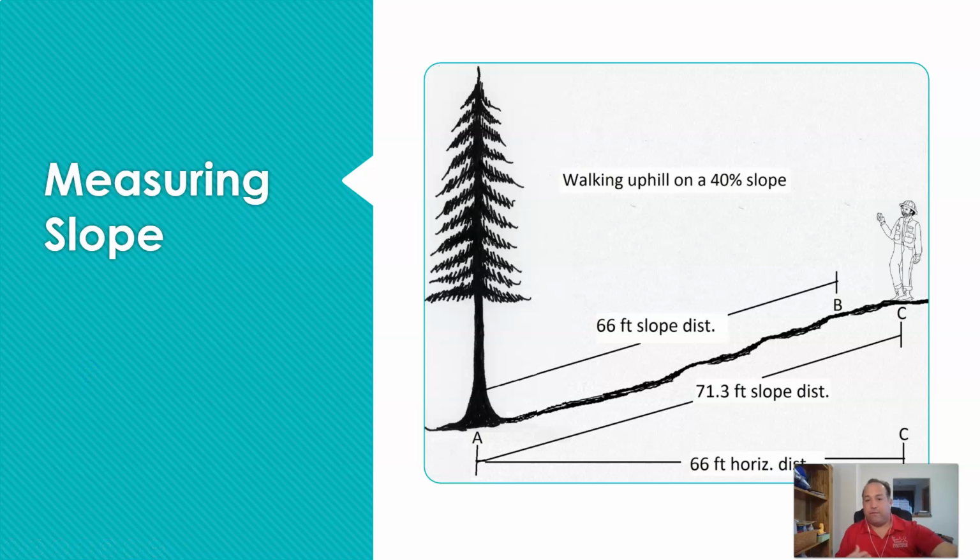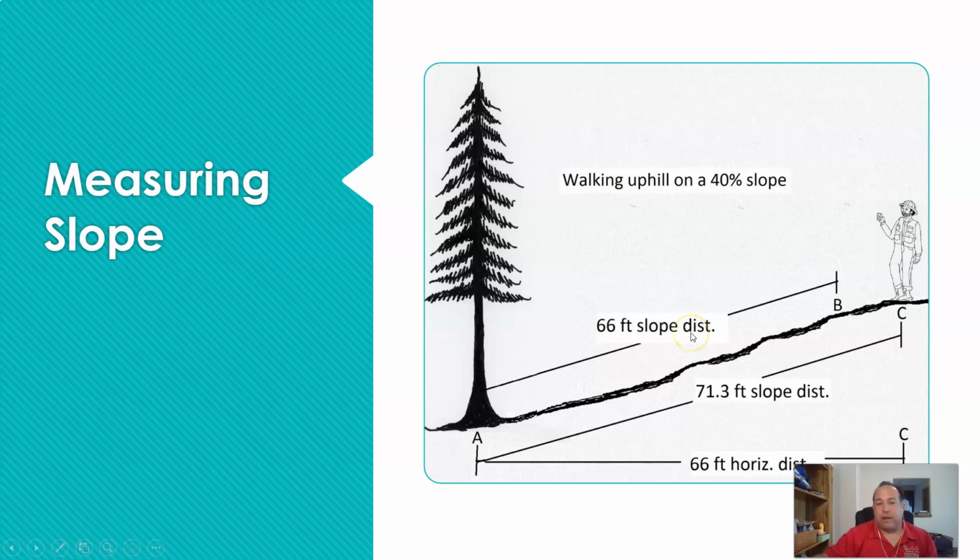Now, because the formula is the same for calculating slope, you can measure slope using a clinometer as well. And so with this example right here, this person walked 66 feet, but is 66 feet the actual distance that they walked? That's what they think, because they paced it off and they did 66 feet, but it was walking up a 40% slope.